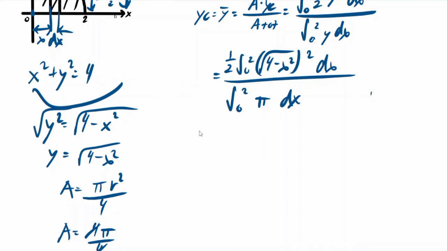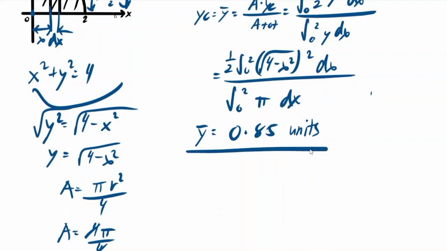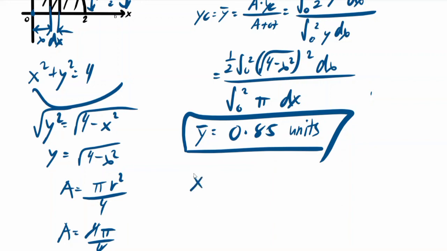Now if you plug it in on your calculator, you'll have the answer of 0.85 units. Since we are looking for the location of the centroid, this is our answer for y bar. Next is x bar.